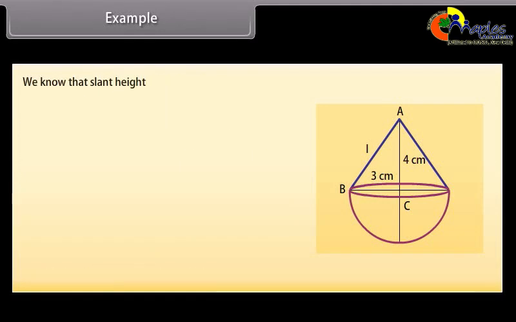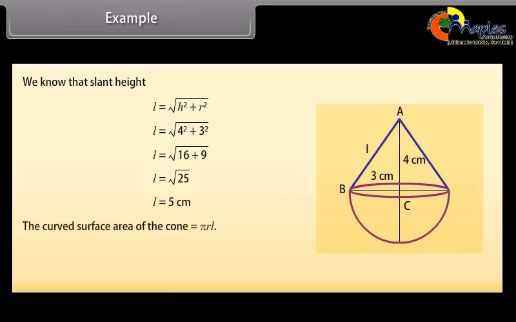We know that slant height L is equal to square root of h square plus r square, which equals square root of 4 square plus 3 square, which is equal to square root of 16 plus 9, which is equal to square root of 25, which equals 5 cm. Now substituting the values of pi, r and L, we get 3.14 into 3 into 5, which is equal to 47.1 centimeter square.